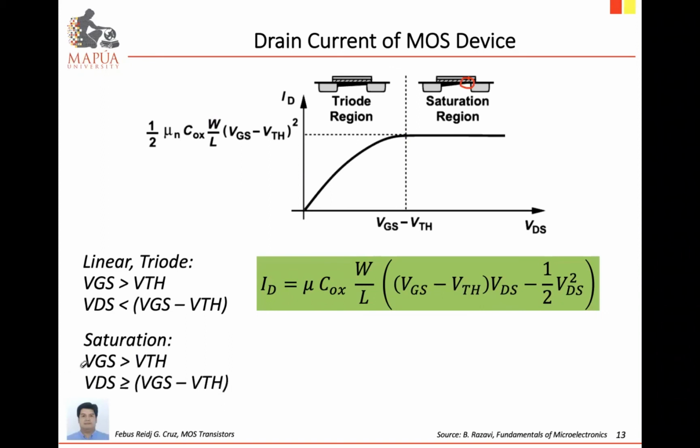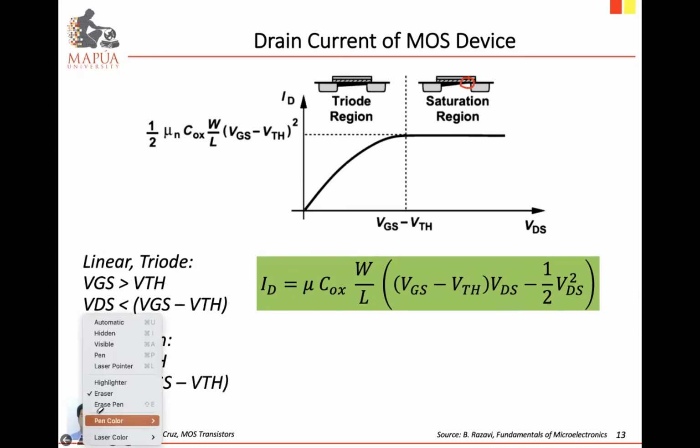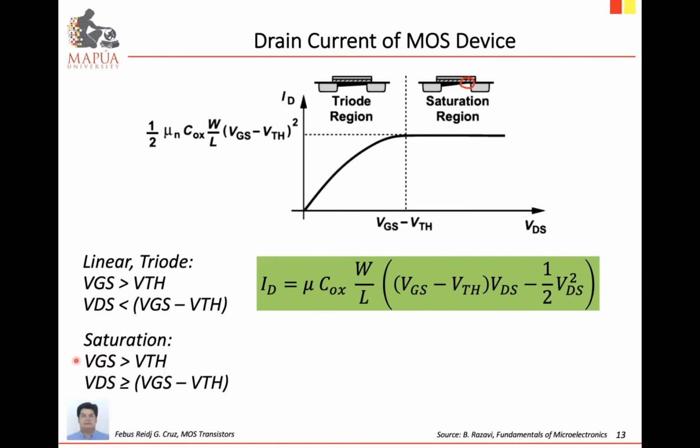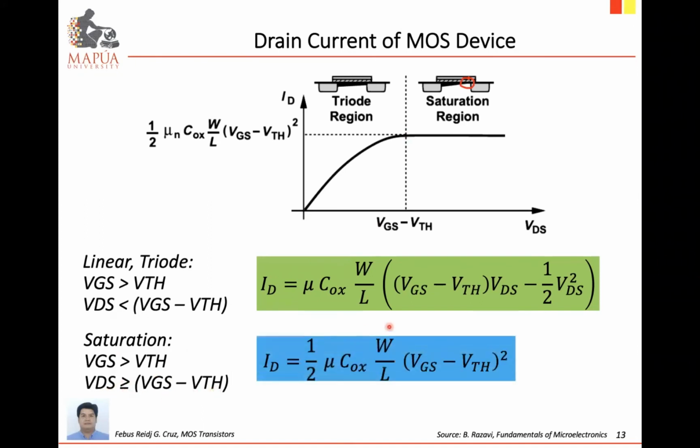And at saturation, VGS, again, is greater than the threshold, while the VDS must be greater than or equal to it. So starting from this value is the start of saturation. So that is the saturation point. No? So when VDS is greater than or equal to VGS minus VTH, then we are going to use this model or equation. Again, is this clear to everybody? Yes po. Okay, thank you.